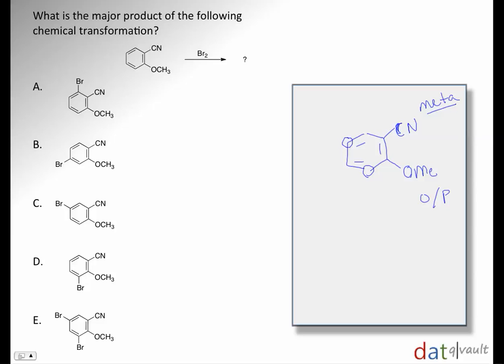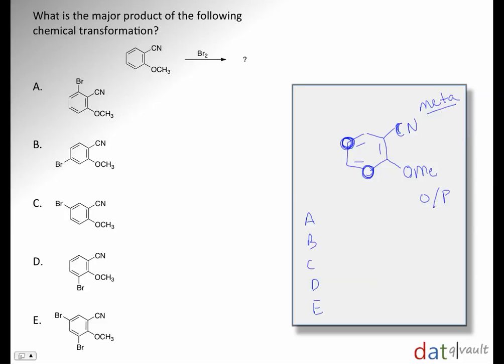We're obviously not going to substitute it at this position because it already has a substituent on it. We know that the meta positions for this nitrile group are going to be favored. So again, here's the meta position, and here's the other meta position to this nitrile. So really we only have two positions on this molecule that are possible for substitution.